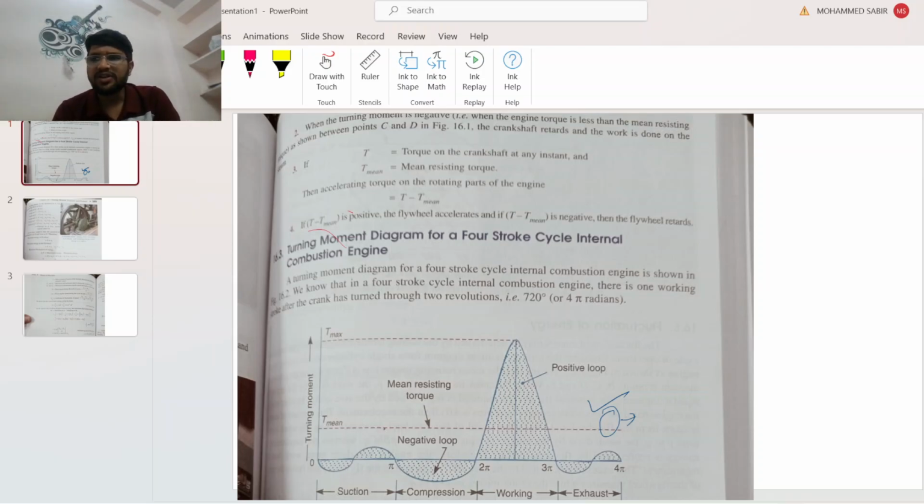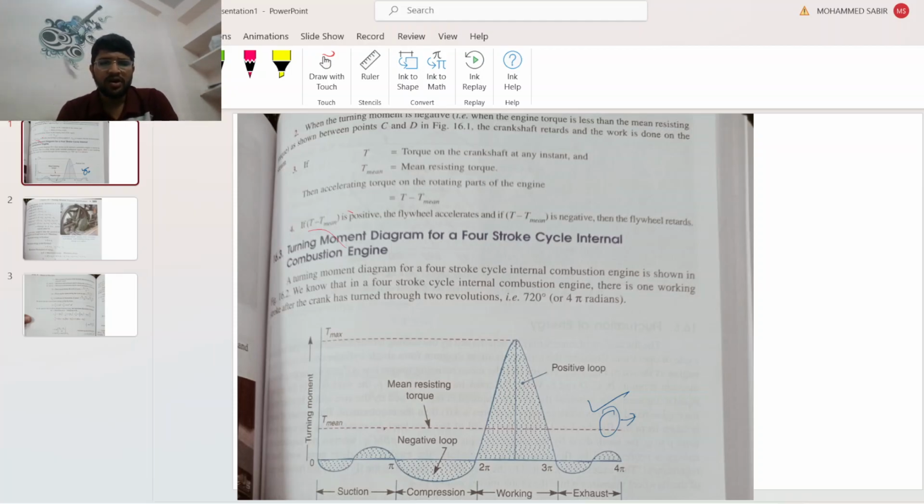Basically, a flywheel is a device which is used to store mechanical energy, rotational energy, and to minimize fluctuations. Before moving ahead, I think you know about the engine.